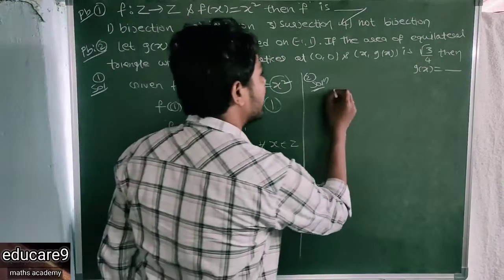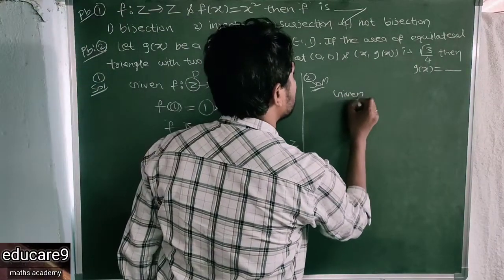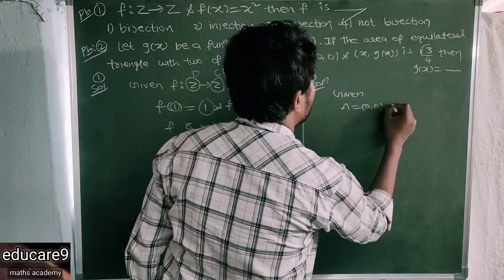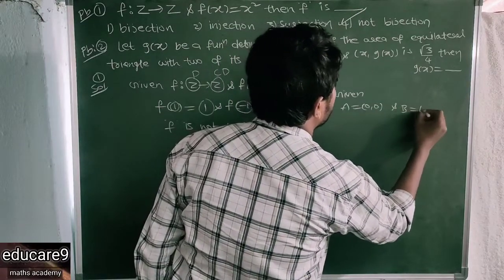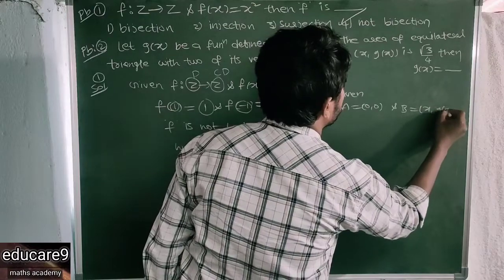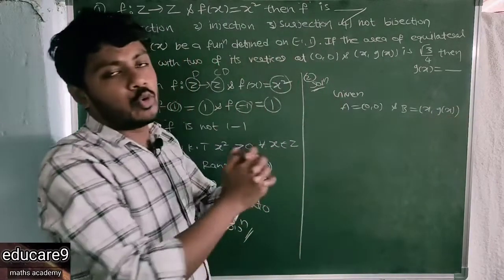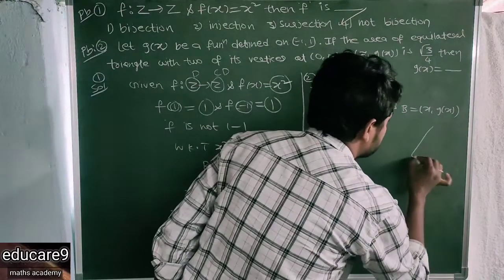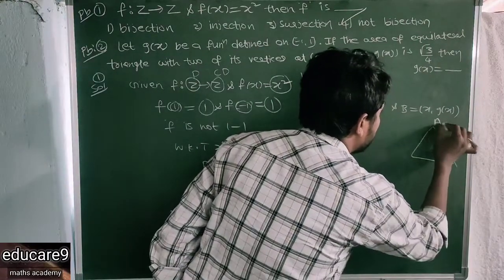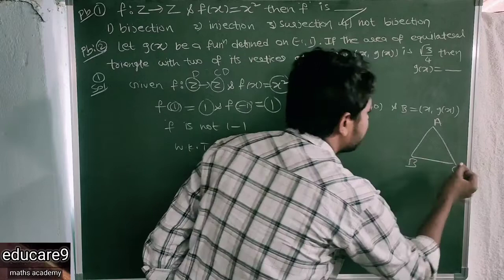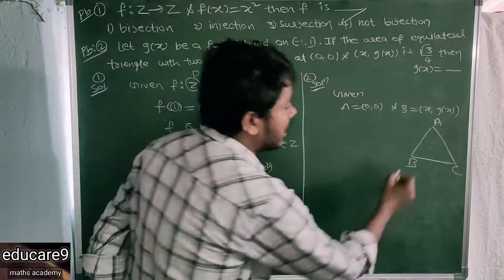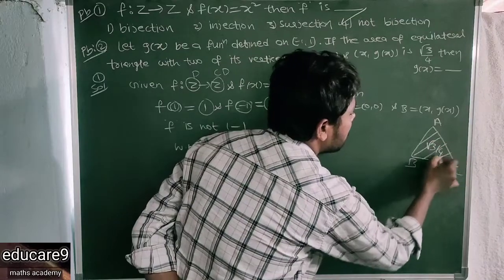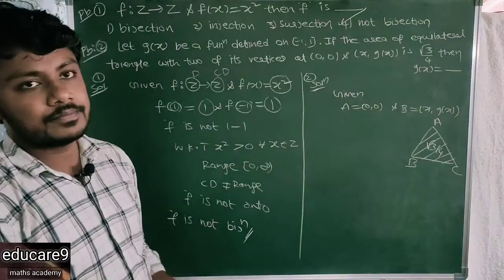So here given A is equal to 0 comma 0 and B is equal to x comma g of x. These are the two vertices of the equilateral triangle. Suppose this is the equilateral triangle ABC. Now here given area is root 3 by 4.